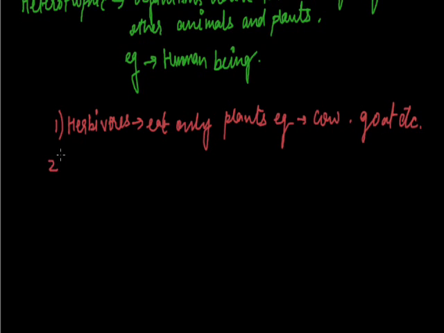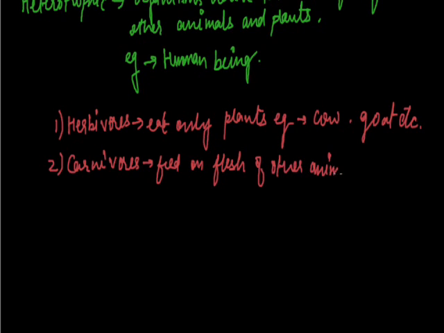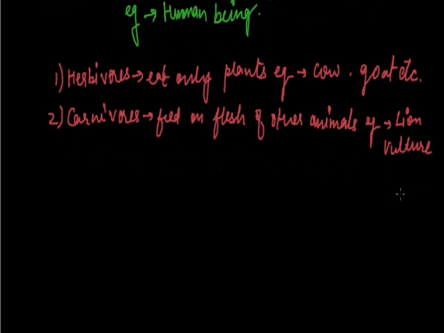Now, the second category of heterotrophs is carnivores. These are animals that feed on the flesh of other animals. Example: lion, vulture, tiger, fox, etc. Now, the third category is omnivores.